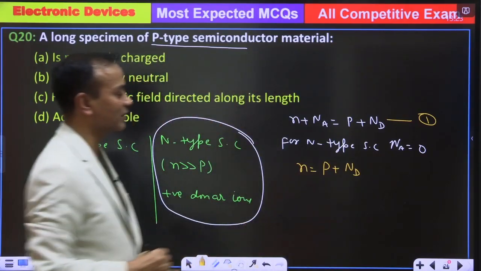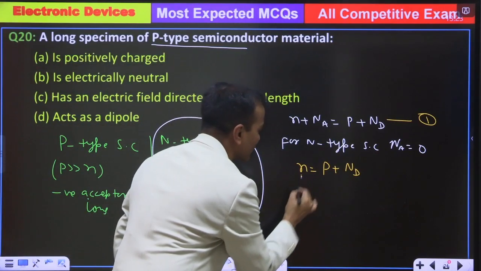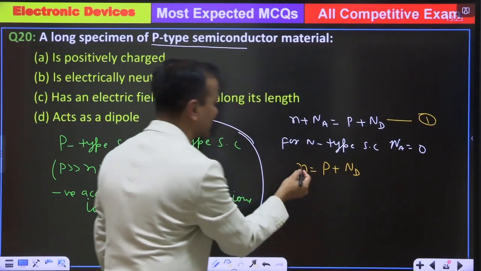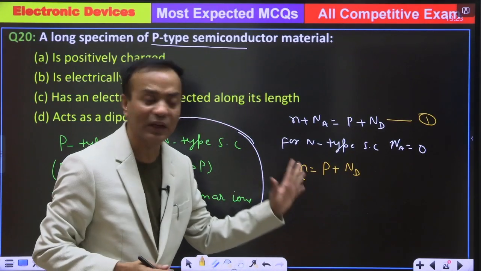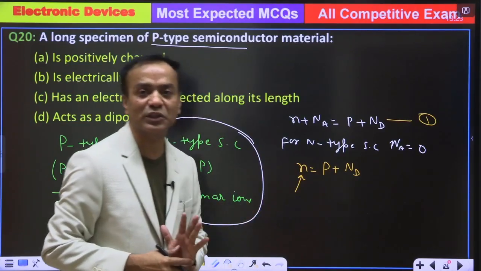What do you mean by this? N is the doping concentration here. This n is the concentration of electrons as the majority charge carrier.